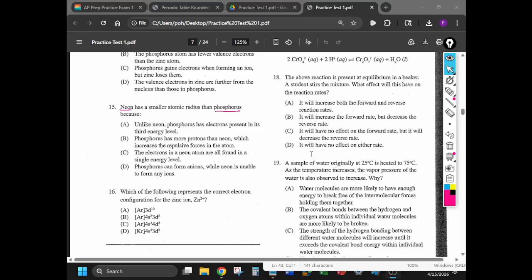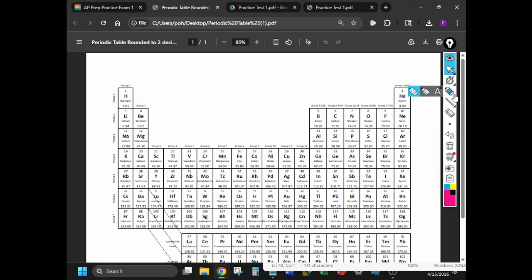Okay, guys, let's go over 15. So for this one, you're comparing neon and phosphorus. It says that neon is smaller than phosphorus. So if we look at the periodic table, we've got neon and phosphorus. And even if you don't look at the multiple choice responses, it should be pretty easy to tell neon's going to be smaller, right? What's the main reason neon's smaller?